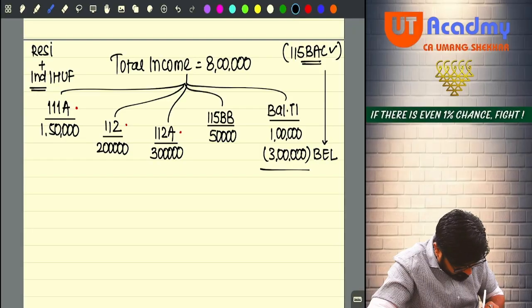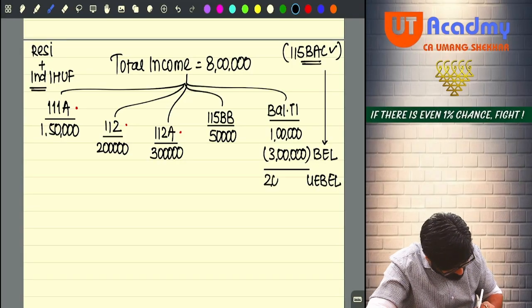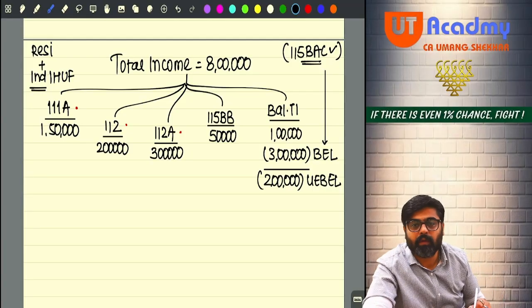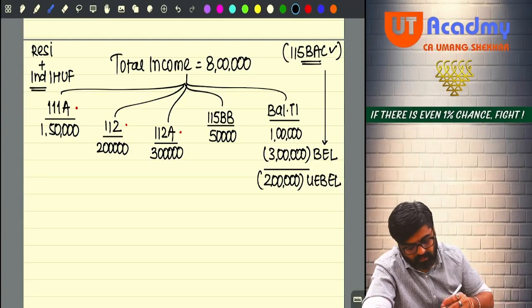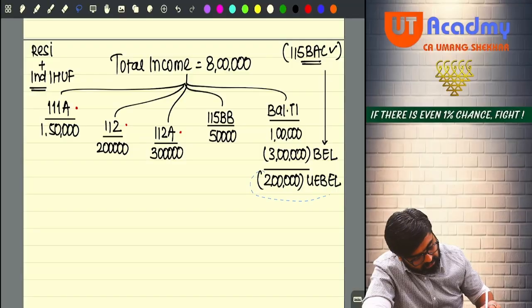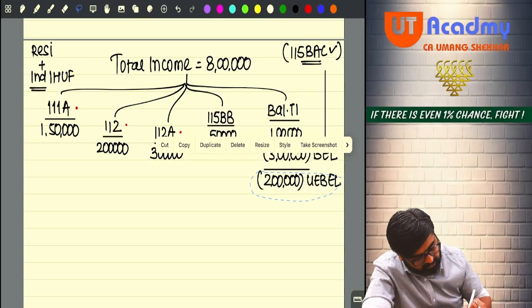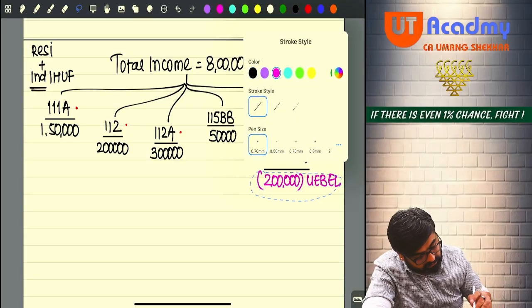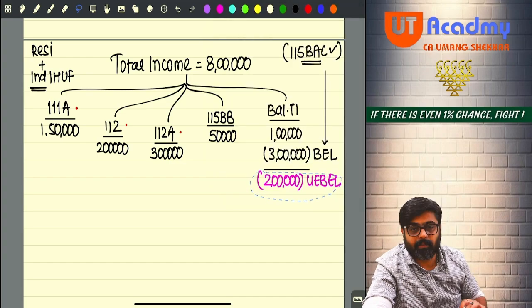Now can I say still some unexhausted basic exemption limit I am having amounting to 2 lakhs? Yes or no? Now my first question, can you adjust this unexhausted basic exemption limit against 111A?